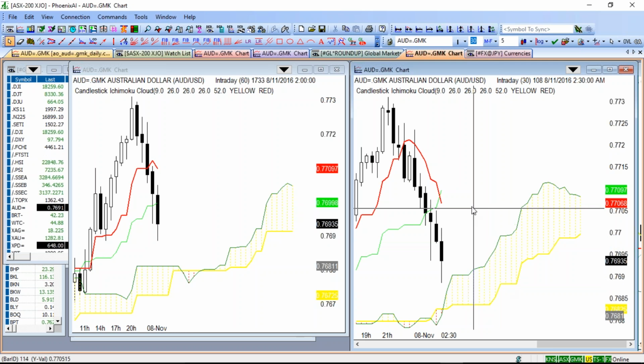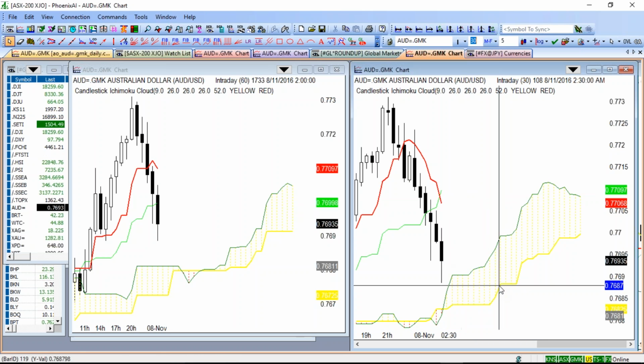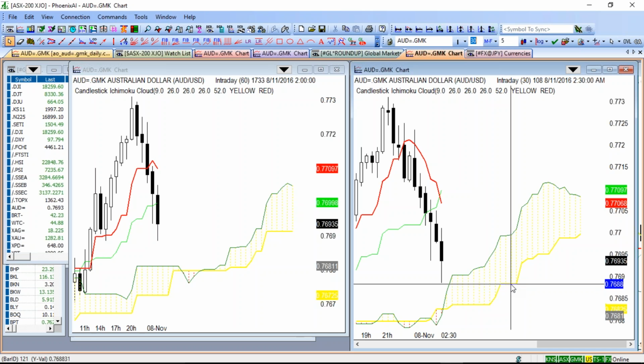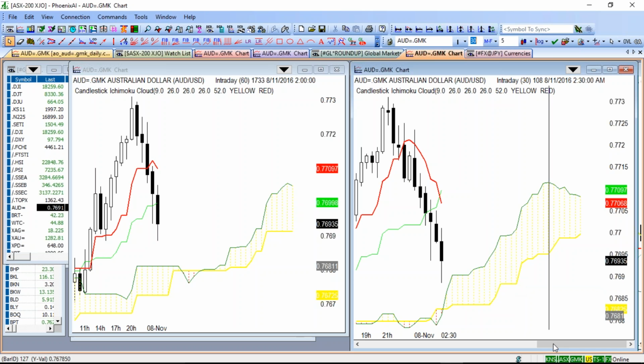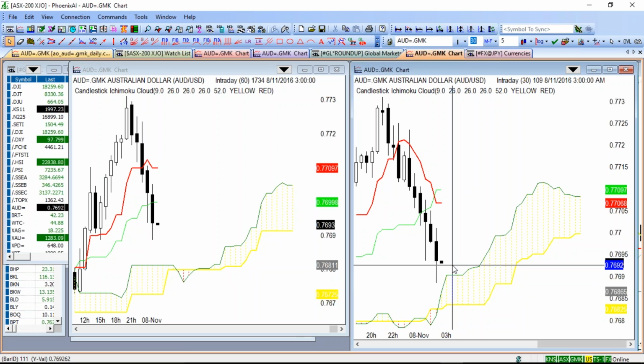So currently here we have a bearish cross underway in the Tenkan-sen and Kijun-sen lines. We have support down here on the B line, and we're only a minute or so away from a new line starting, and there we go, a new line starts in here.